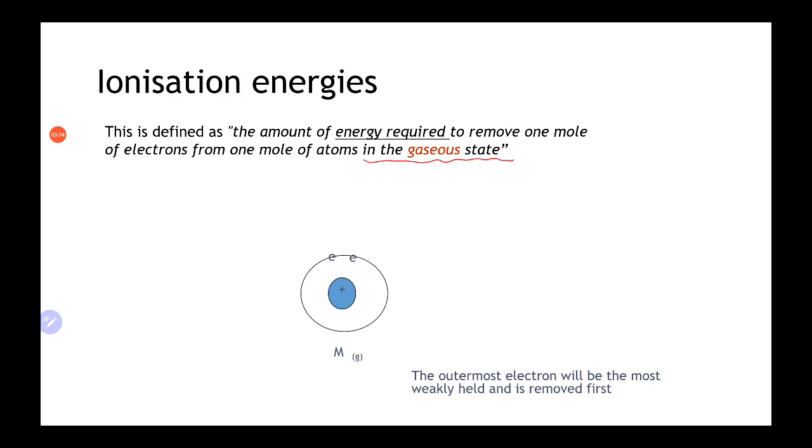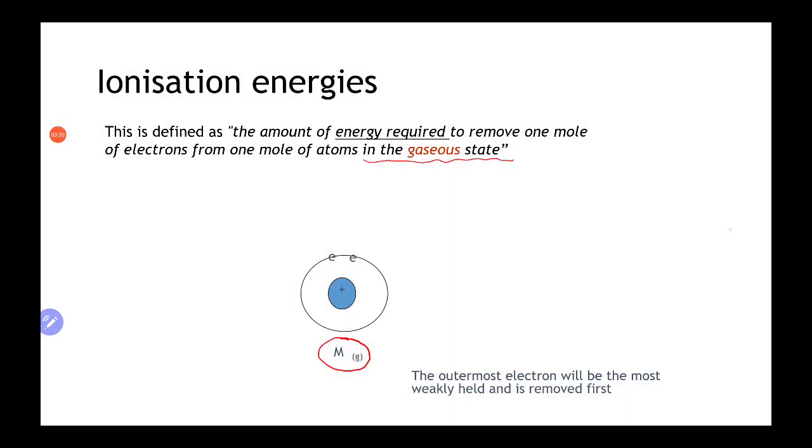So what we've got is just a random element, M, right? So M isn't actually an element at all, it's just a made up one. So it's just kind of generally speaking so that you can see what we're going to be talking about. So in the middle, obviously, we've got our positive nucleus and we've got our electron shell round the outside. So we've got 2 wee electrons in there.